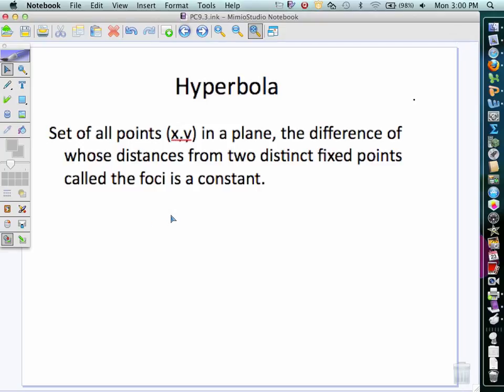So, the set of all points x, y in a plane, the difference of whose distances from two distinct fixed points called the foci is a constant. Let's look at what that means here.